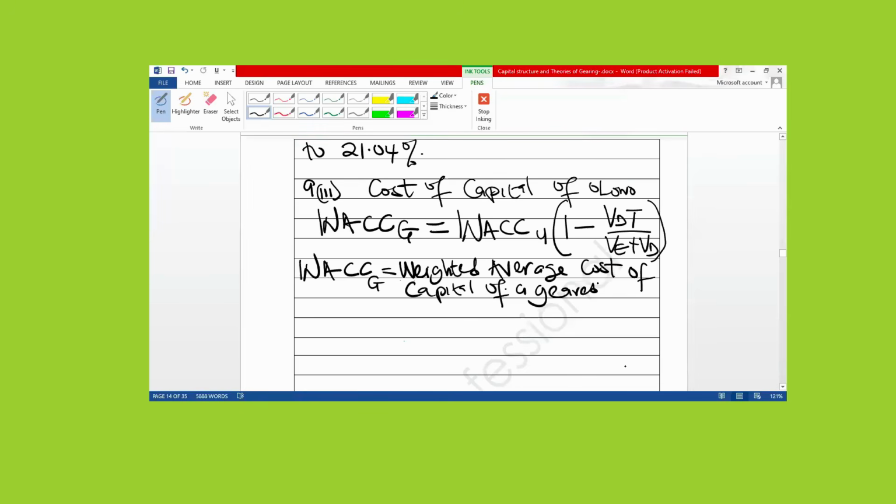By introducing bond to the business, Olowo PLC is now a geared company. That is what you are required to calculate.